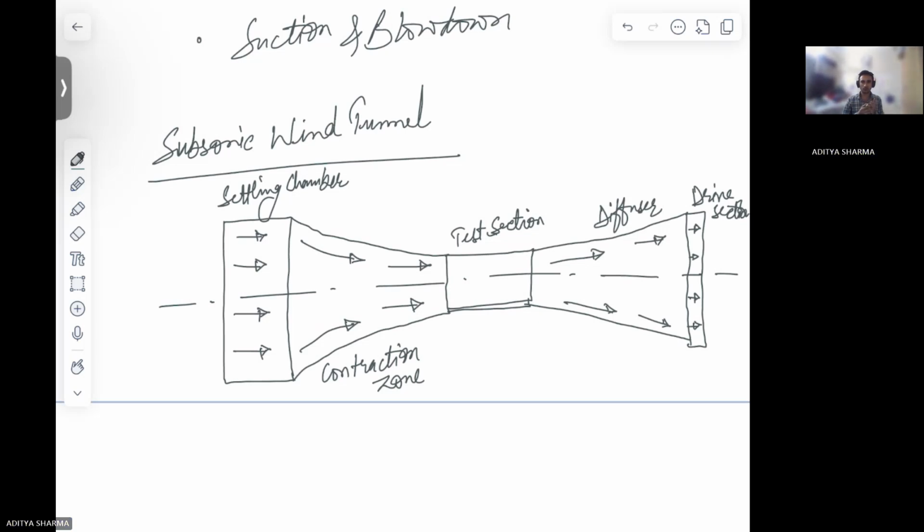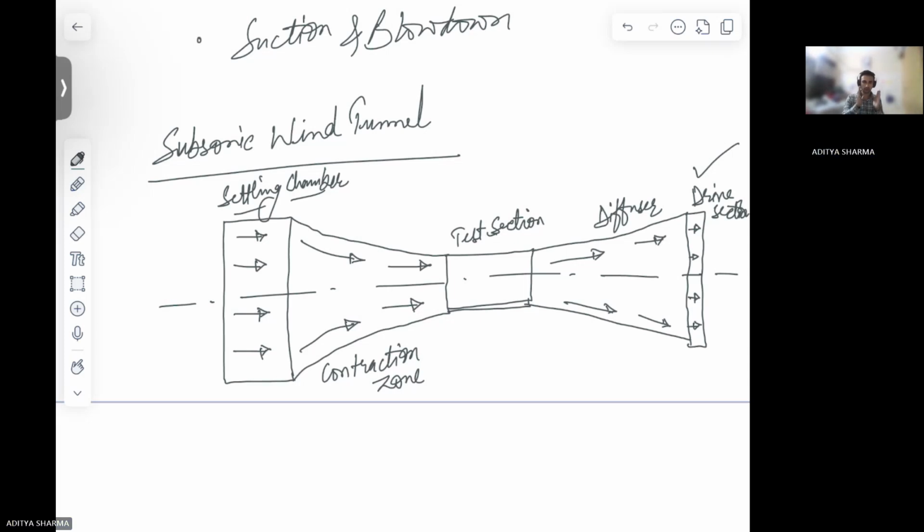So this is the drive section where you are going to have a big fan. So this is going to suck in your air. And then this is your settling chamber where the air settles.